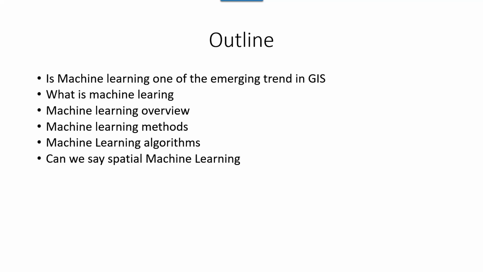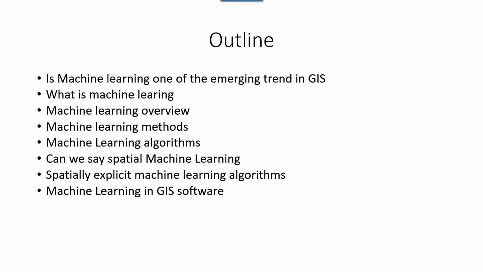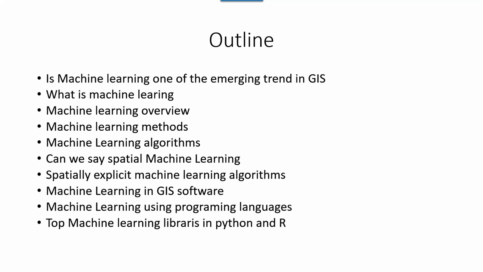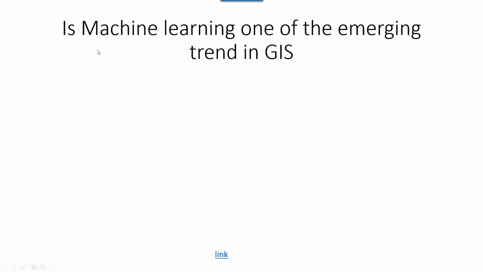Can we say spatial machine learning or spatial deep learning, spatially explicit machine learning algorithms, machine learning in GIS software, machine learning using programming languages, top machine learning libraries in Python and R.